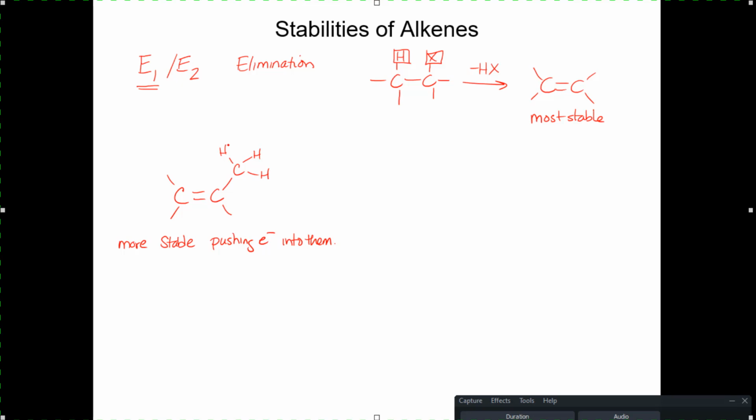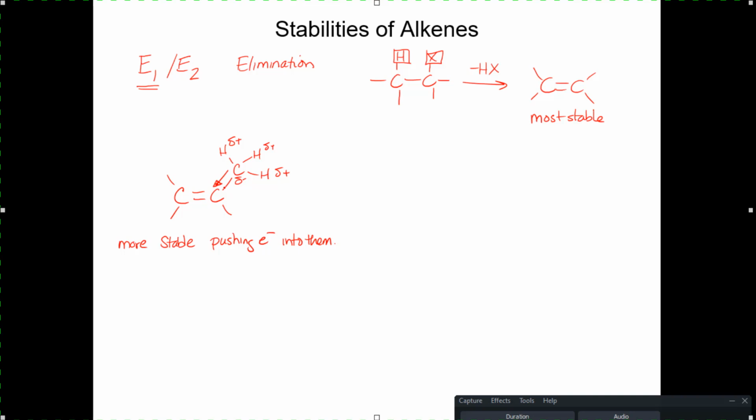And when we do that, remember the hydrogens are all delta plus, and the carbon's delta minus. How did it get delta minus? Because it's slightly more electronegative than the hydrogen. So now this delta minus is going to push electron density into the double bond. And the double bond likes that and becomes more stable.